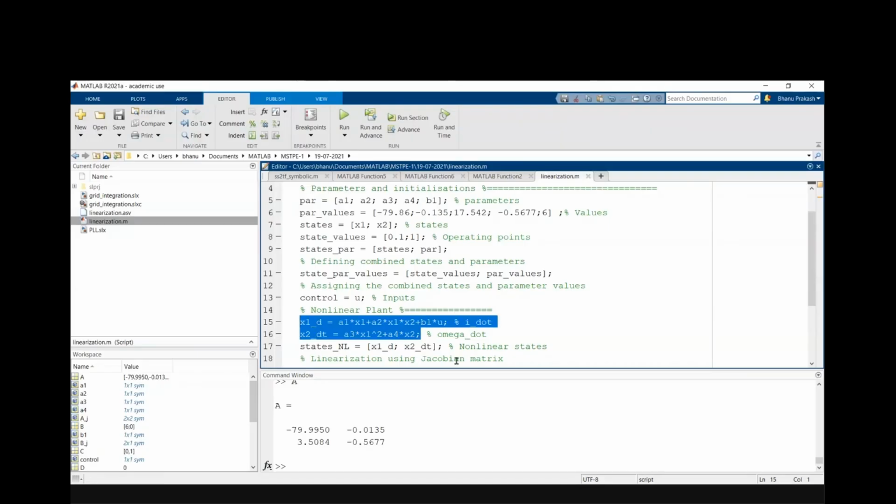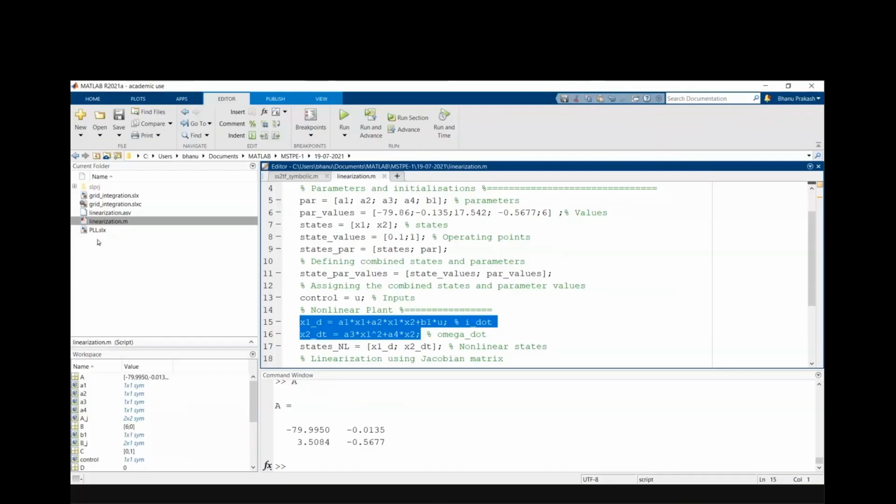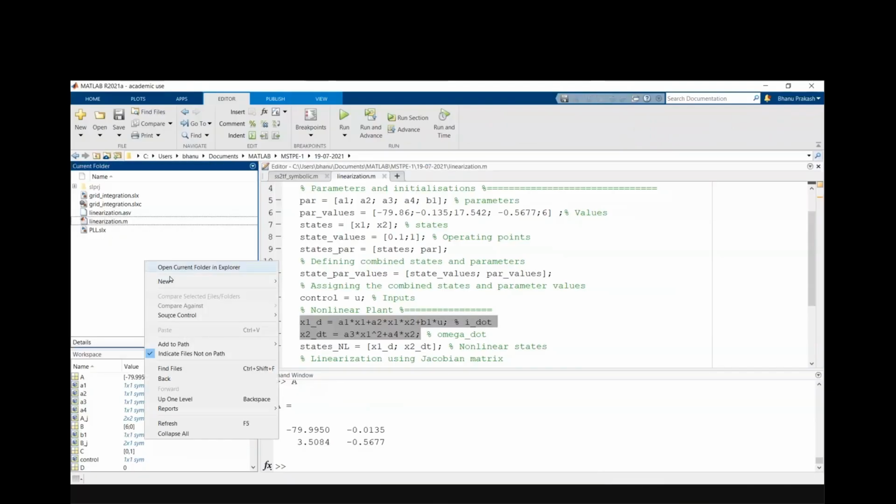Okay, so let us go for this. Now, after running this, you have got the A matrix, B matrix, C matrix, D matrix. Let us open a simulation on the grid integration. I think I didn't open that. I'll go for new and create a model.